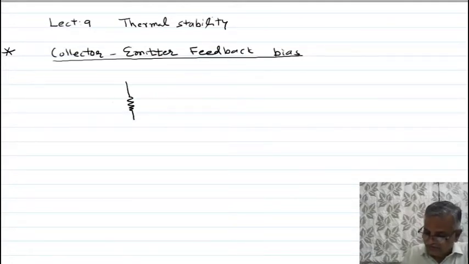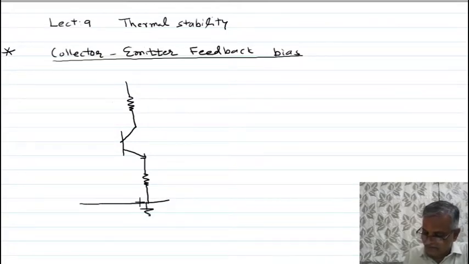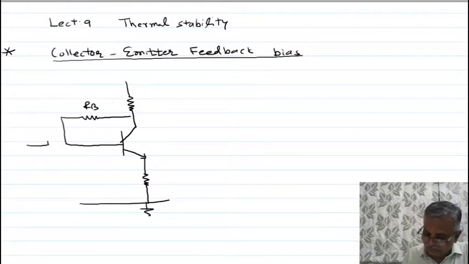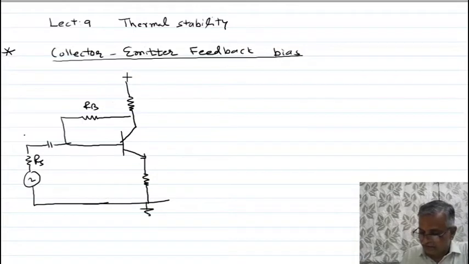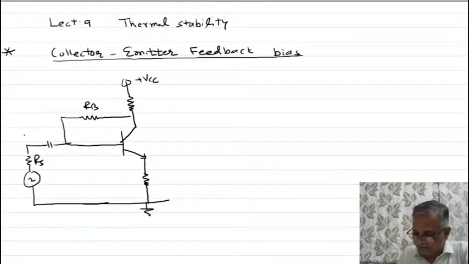See, the collector emitter feedback bias circuit is shown in the figure, and this circuit is obtained by supplying a base bias voltage from the collector through bias resistor Rb, and the emitter bias is provided by inserting emitter resistor Re between the emitter lead and ground as shown in the figure.